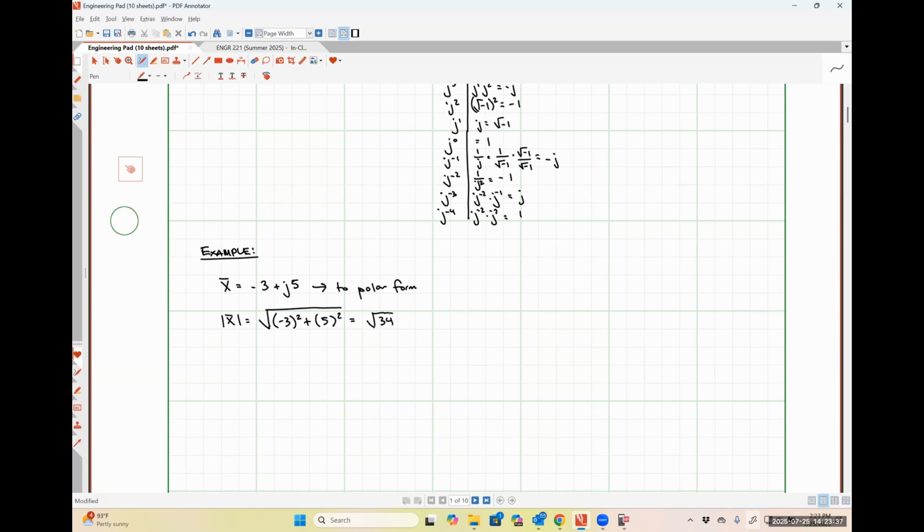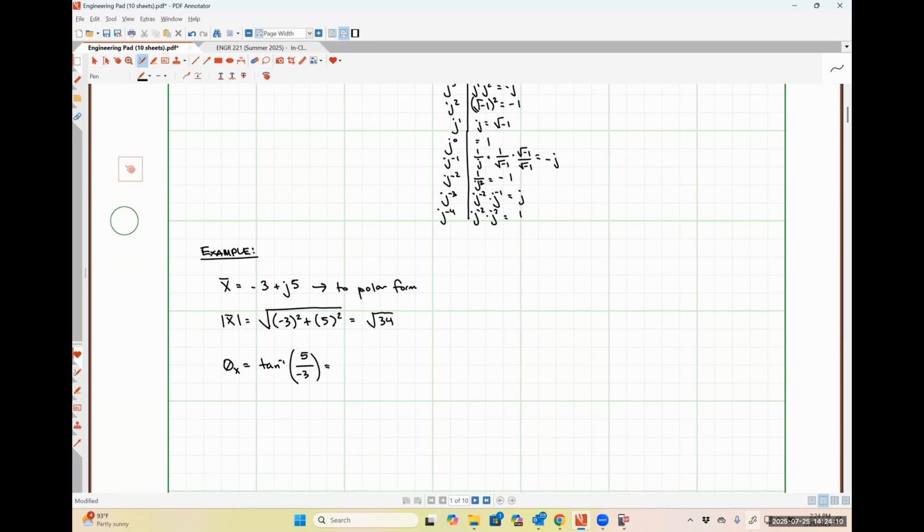If any of you are following along with your calculator and you got something different, please let me know, but I think we should all be pretty okay with that. For the angle, theta x, I'm going to enter into my calculator exactly the definition that I told you a moment ago. So that's going to be the arctangent of our imaginary part, which is +5, over our real part, which is -3.